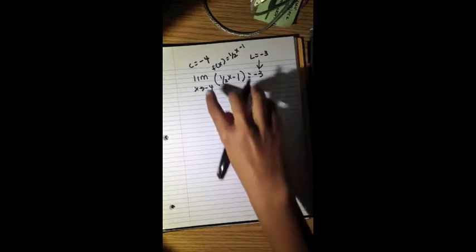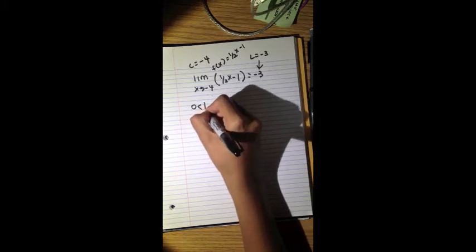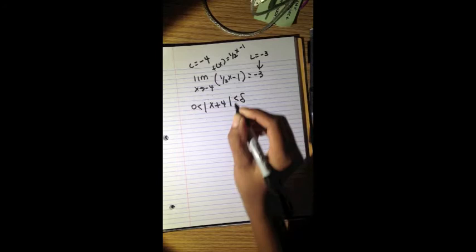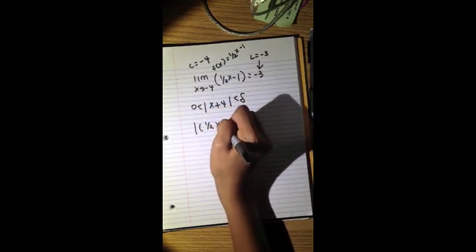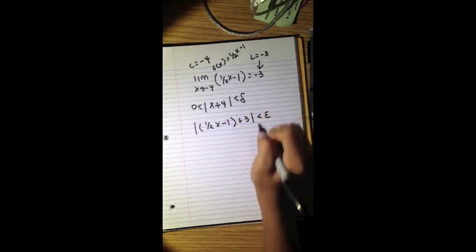Now plugging these values back into your epsilon-delta definition, you have 0 is less than |x plus 4|, which is less than delta, and you have |1/2 x minus 1 plus 3| is less than epsilon.